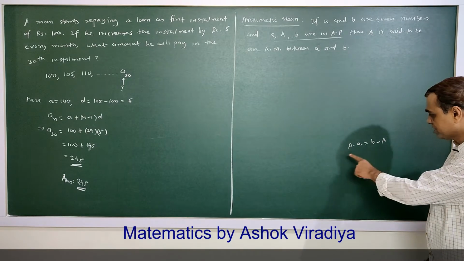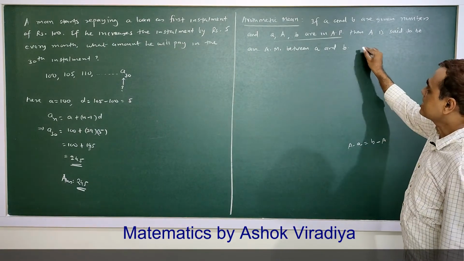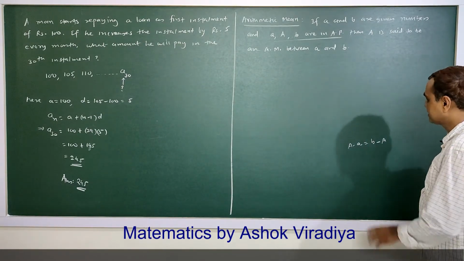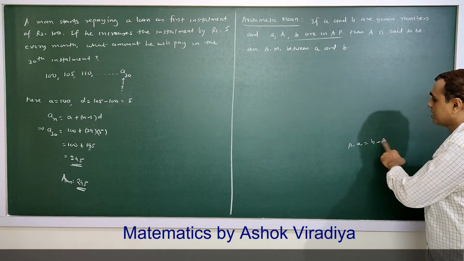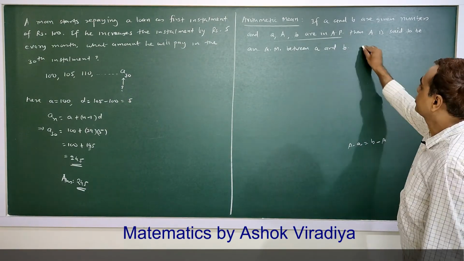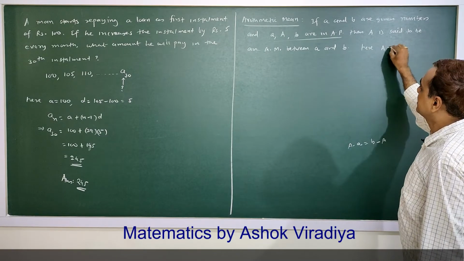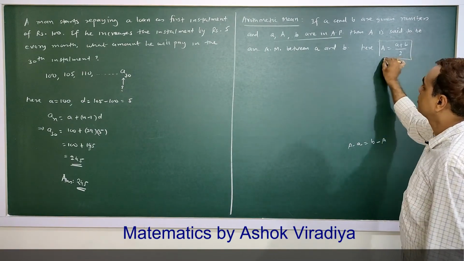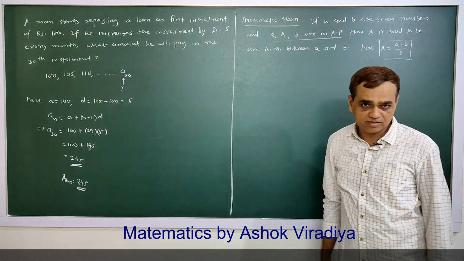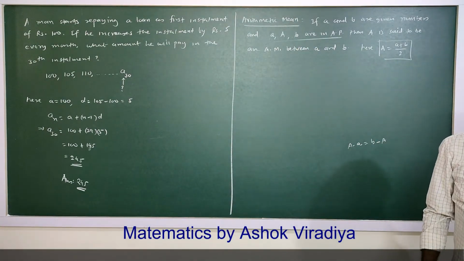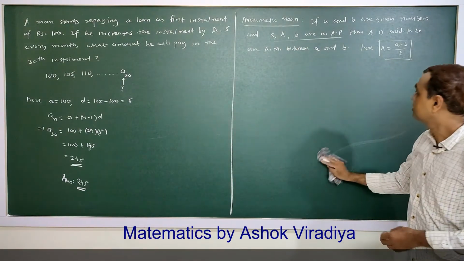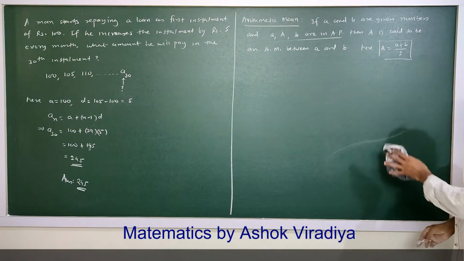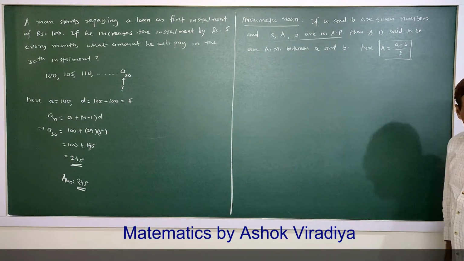So from this relation, A can be calculated as A plus B by 2. This is the arithmetic mean. Now here, between A and B, there is the calculation of only one arithmetic mean.